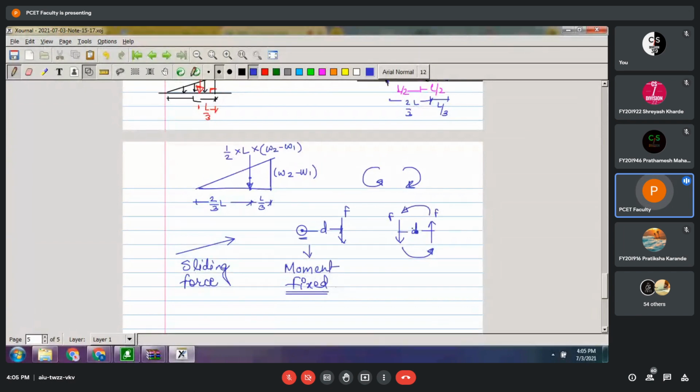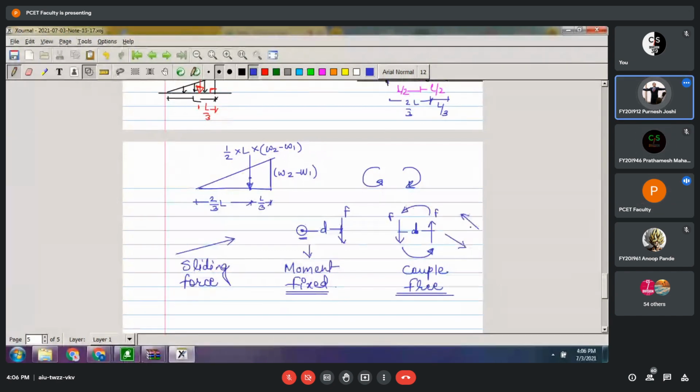But in case of couple, couple is known as what type of vector? Free vector. You can consider this couple anywhere on the given member. You can change its angle. If I draw these two parallel forces like this, will there be any difference in the couple value? No, ma'am.